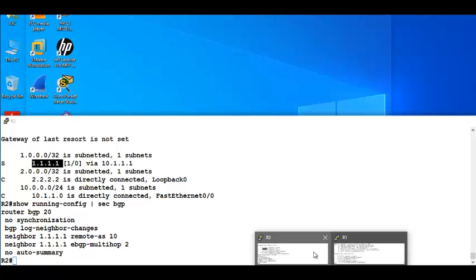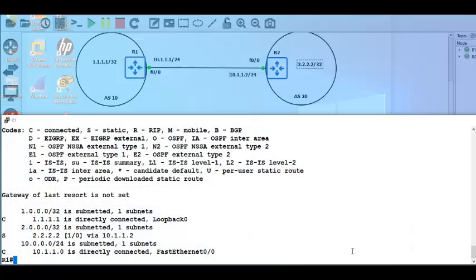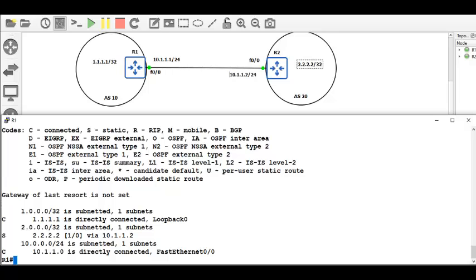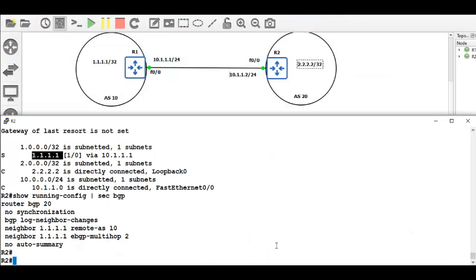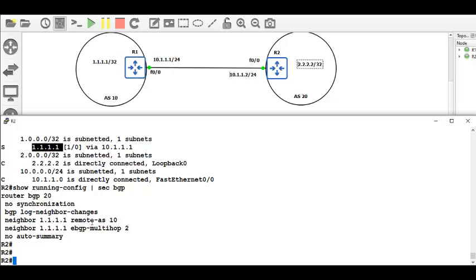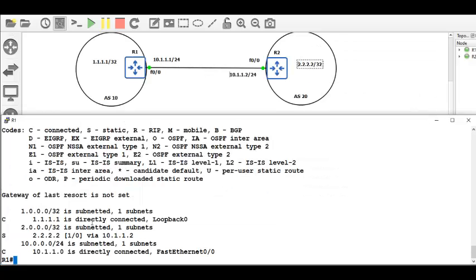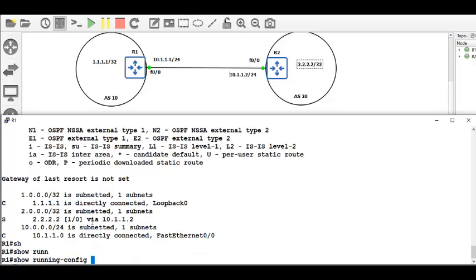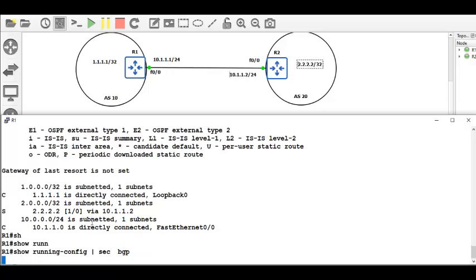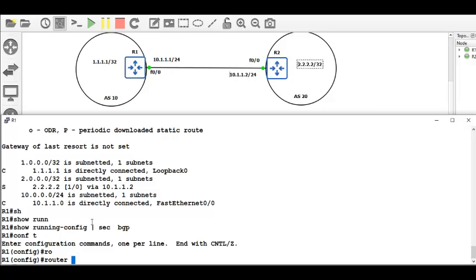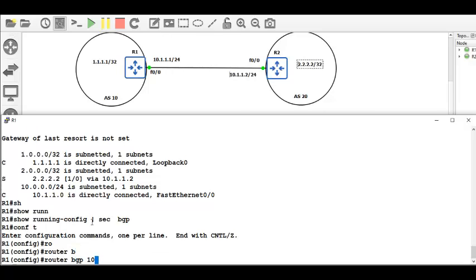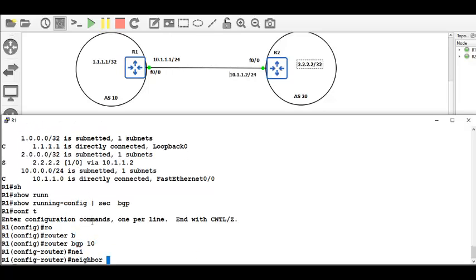Let's finish router 1, router 2 configuration. Router 2 has got this configuration. Router 1, show run section BGP. What do we have in router 1? Nothing. Let's configure BGP. Router BGP 10. Neighbor is 2.2.2.2.